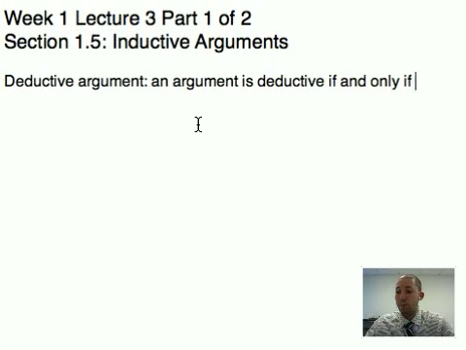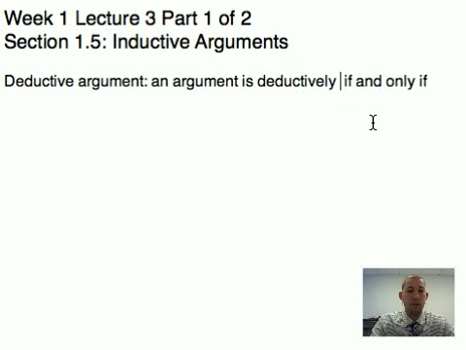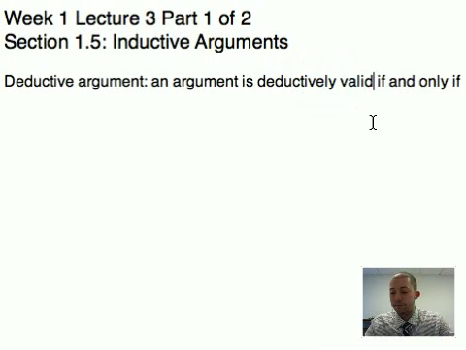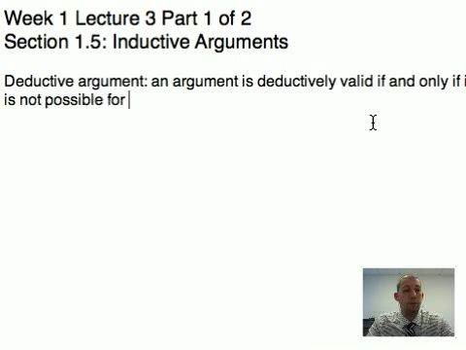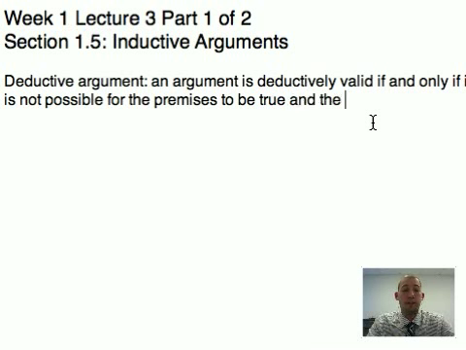So what we had last time was that an argument is, actually, we should say deductively valid, if and only if it is not possible for the premises to be true and the conclusion to be false.